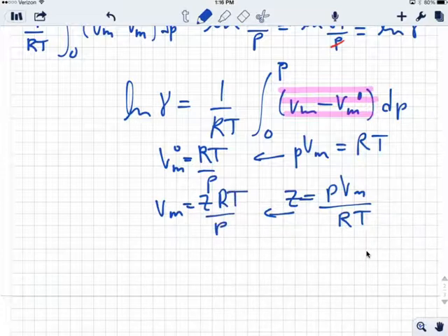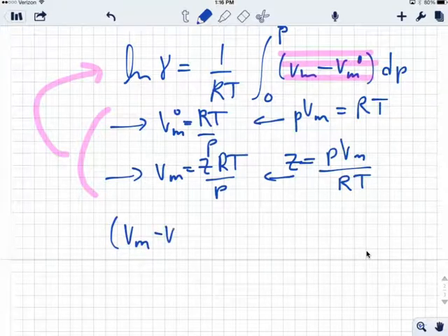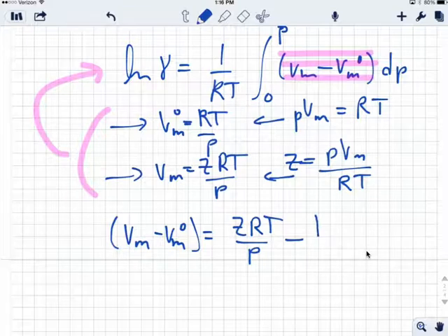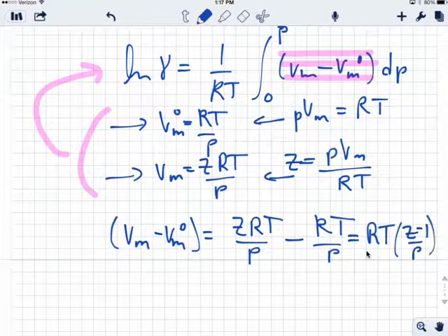So if we take the ideal gas component and the real gas component, plug them into this equation, essentially what we're going to see is the term Vm minus Vm naught is going to be Z RT over P minus RT over P. So we can factor out the RT and rewrite this term as RT times Z minus 1 over pressure.